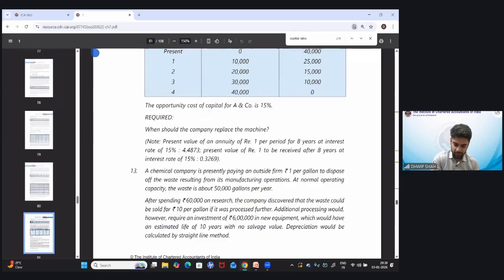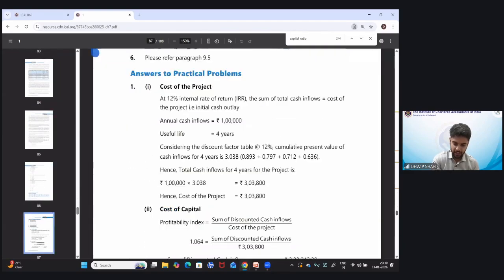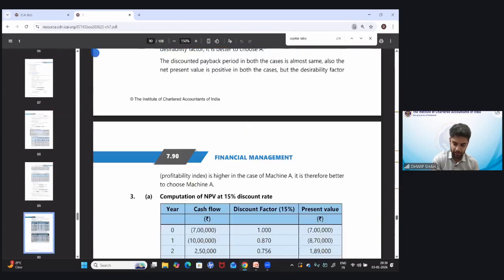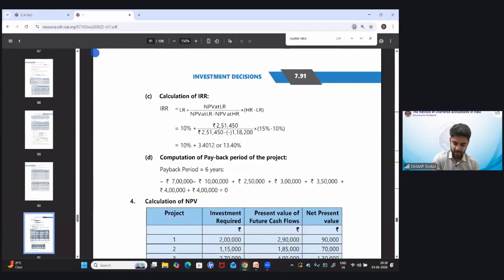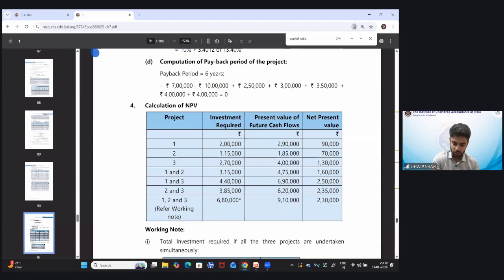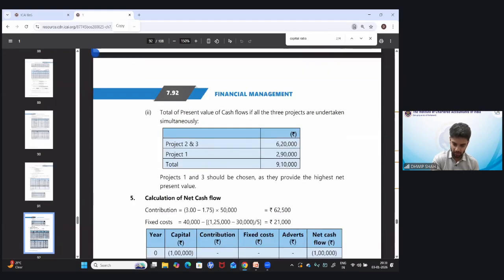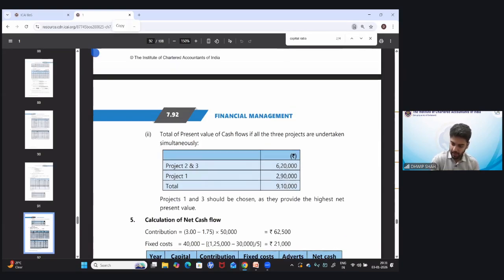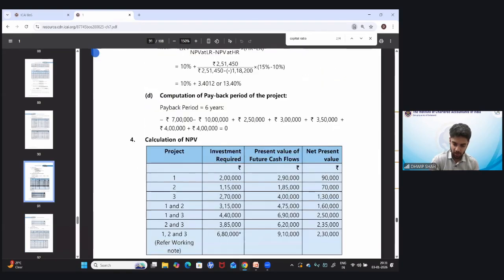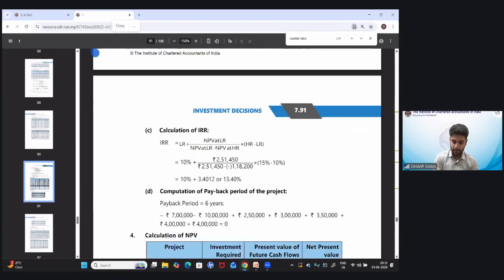Followed everyone? So with this, we are ending investment decision chapter. From tomorrow, we have session on Sunday as well. And we would be starting next chapter called dividend decision.